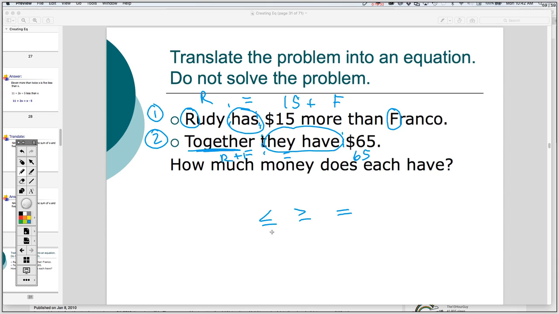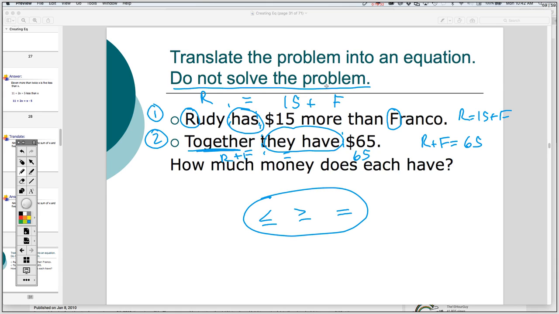How much money does each have? So you made a system of equations. Now, we're not going to solve the problem, but I'm going to set you up so when we do solve the problem, you can think about it. Basically, we know what R is, right? We know that it equals 15 plus F. I just need to plug that into the R here, solve for F, then take that F, plug it into either equation, and solve for R. But for solving it, we'll do that at a later section.